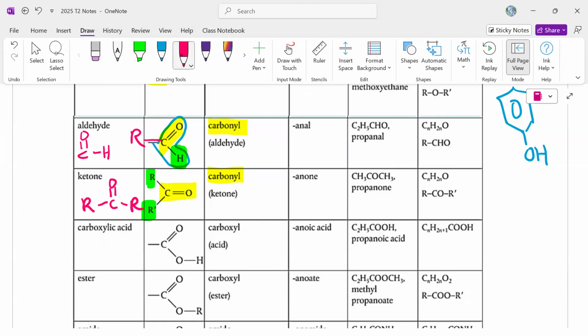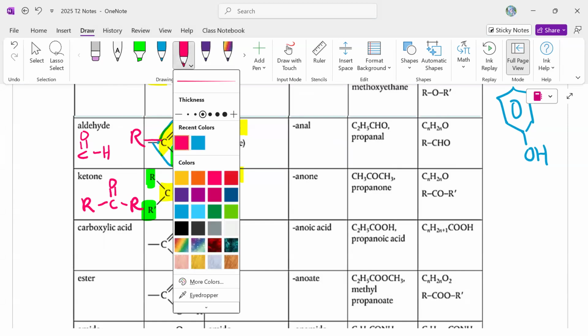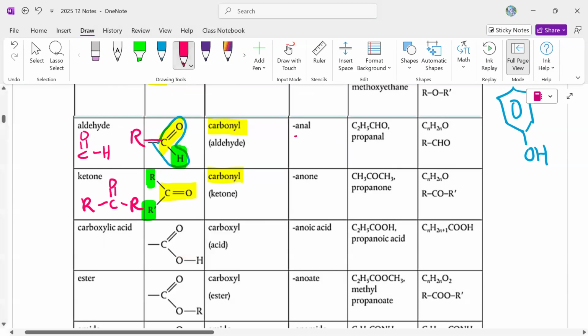Now, the thing about the naming is, if you look carefully, the aldehyde carbon is one of the carbons in the chain. And because it's one of the carbons in the chain, I always have to count this carbon as number 1. Forever, the aldehyde carbon is always at number 1, unless, unluckily, it's with a carboxylic acid.